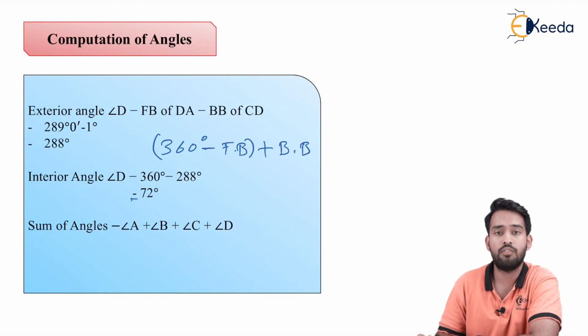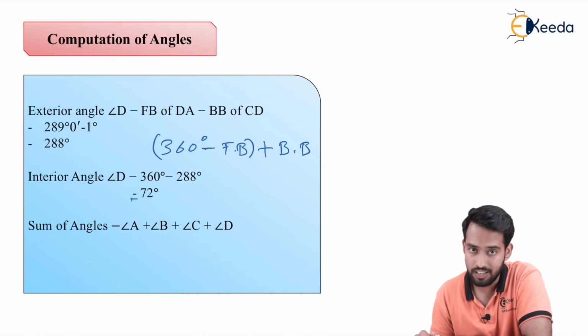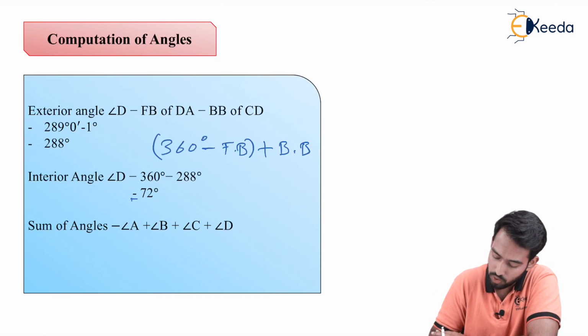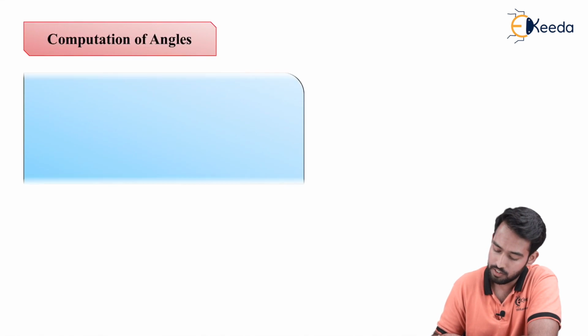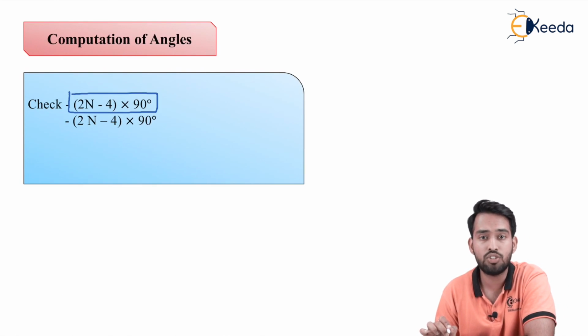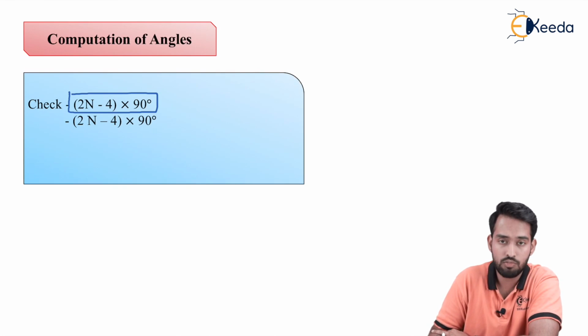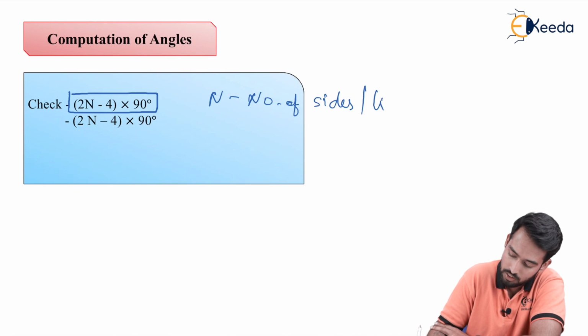As we can see, sometimes we have to apply a check also. The formula for applying the check is, first of all, we add all interior angles and the addition is 360 degrees for this particular sum, and the check says the summation of angles should be 2n minus 4 into 90 degrees, where n represents the number of sides or number of lines.